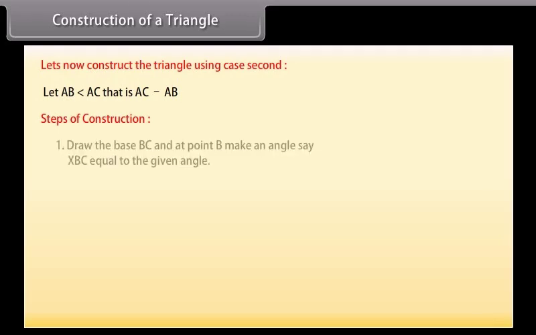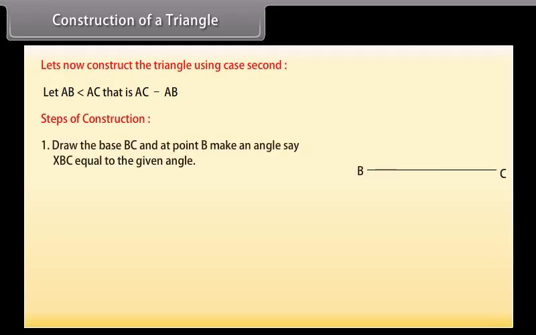Let's now construct the triangle using case second. Let AB be lesser than AC, that is, AC minus AB is given. Steps of construction. First of all, draw the base BC and at point B make an angle, say XBC, equal to the given angle.